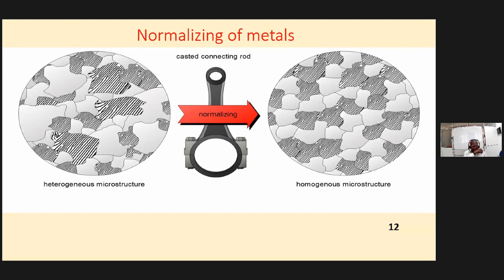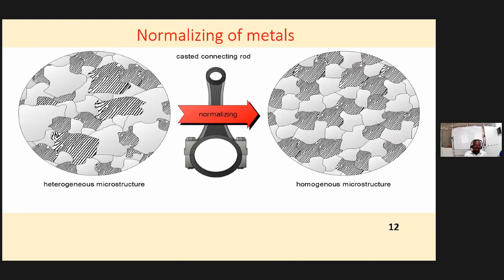Say, for example, a connecting rod. So normalizing of metal gives intermediate hardening. A heterogeneous microstructure is primarily available in the metal.